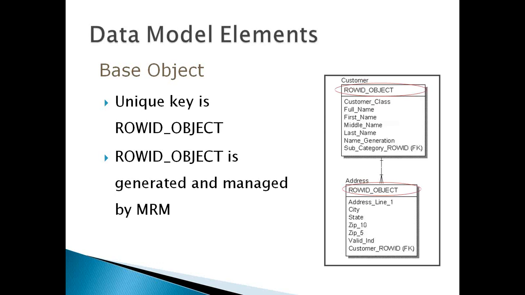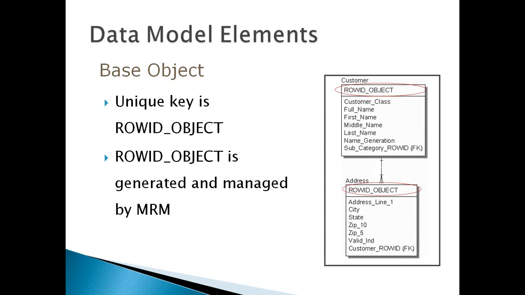So this slide is again similar, where we have just mentioned two tables, like the customer table and the address table. And you might hear this name, very rarely, MRM, that is the Master Reference Manager. That's the internal manager which manages the population of the row ID object values and other things.